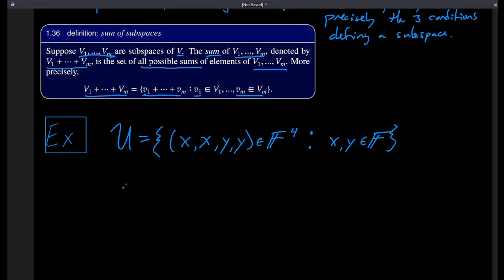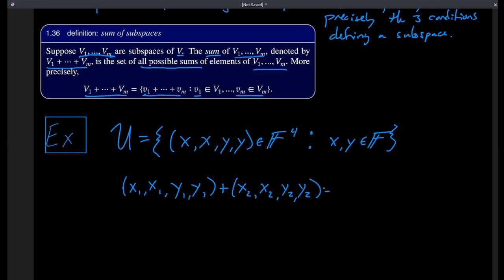Basically, what I'm saying is, I will write it because it is probably slightly clearer to see directly. Let me change my notation slightly: (x1, x1, y1, y1) plus (x2, x2, y2, y2).